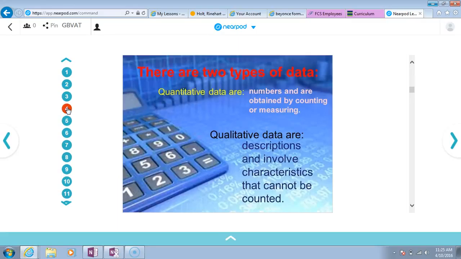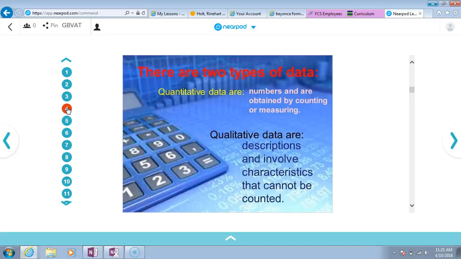Quantitative: numbers, attained by counting or measuring. So we know quantitative deals with numbering. Okay, numbers themselves, 1, 2, 3, 4, 5, 6, 7, 8, 9, 10, and measuring. Okay, 50 centimeters, 100 kilometers. All right, 2 liters. Okay, let's deal with measuring: using numbers to measure certain objects or things.